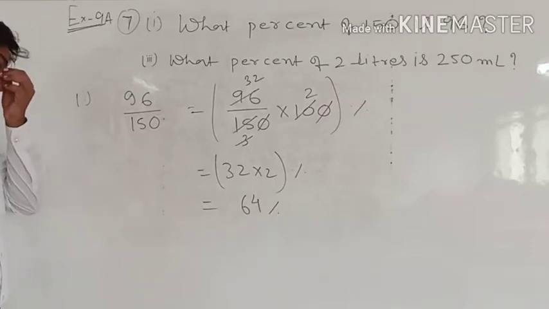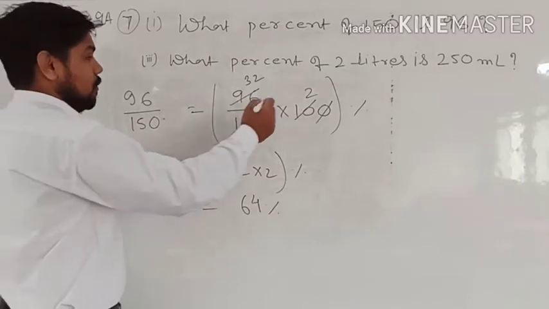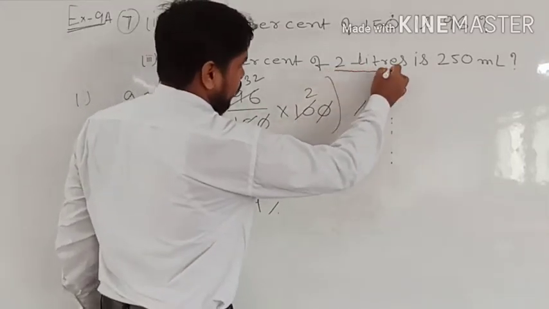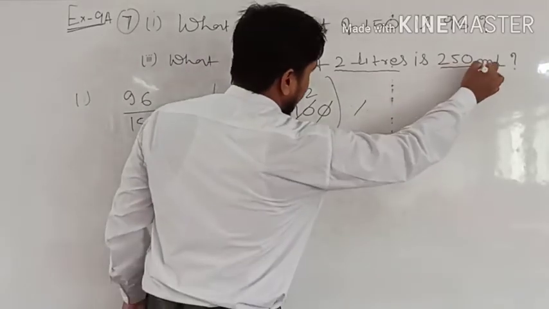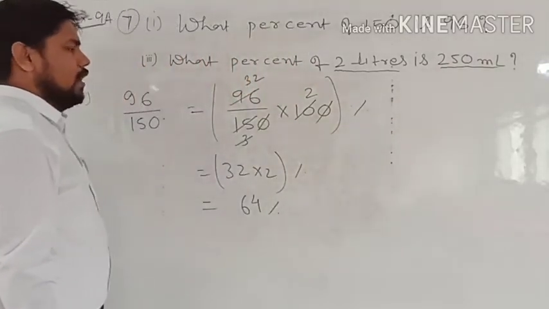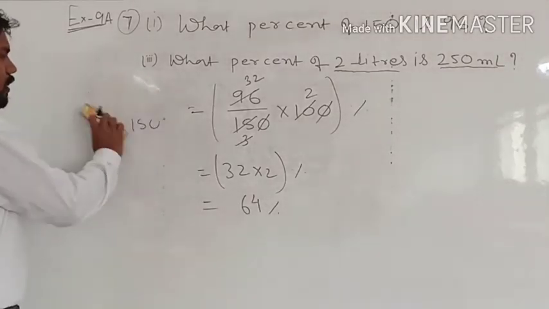Question number 3 is there, but here the most important thing you need to take care of is when the values are in different units. So this is given in liters and this is given in milliliters. So very simply, first you have to convert liters into milliliters, then only we can compare the two values. Okay. So if you convert that liter into milliliter, what will be the number?